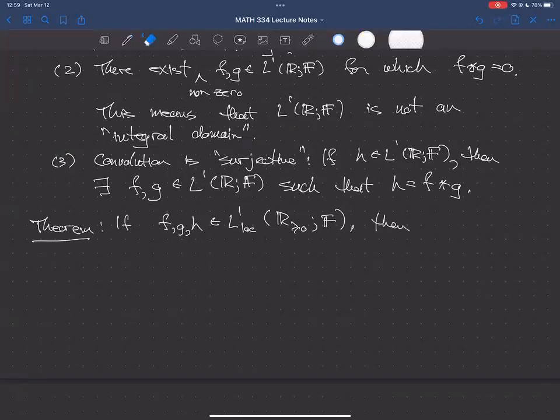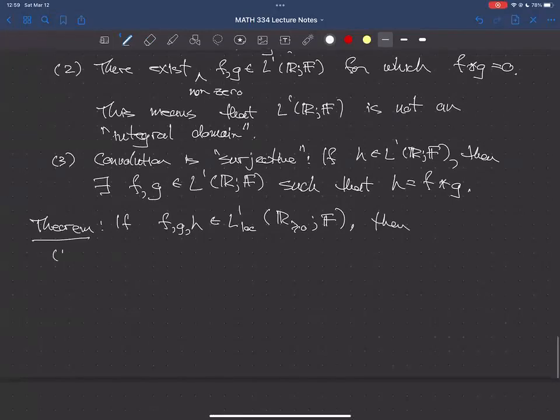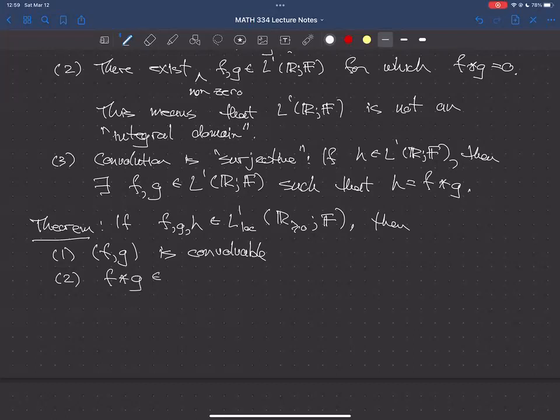So we have a statement rather like the one we had for L1. F and G are convolvable. The convolution is in L1 loc. And the convolution is associative.